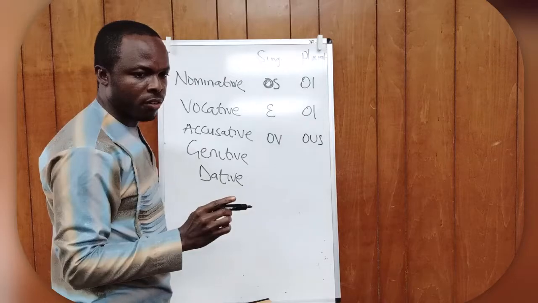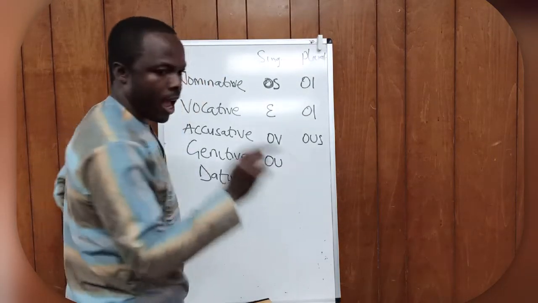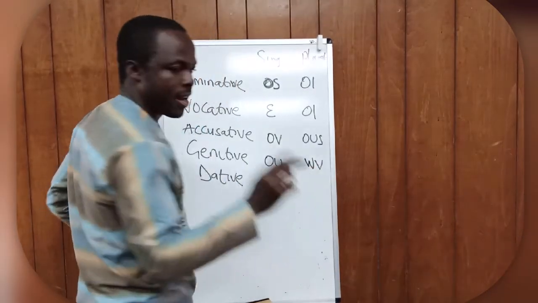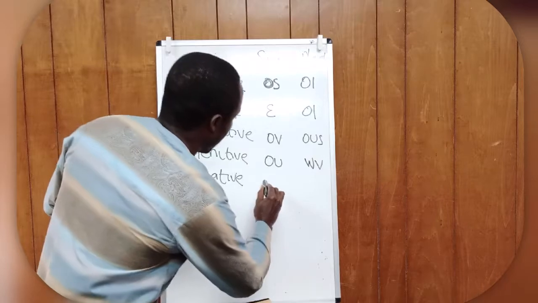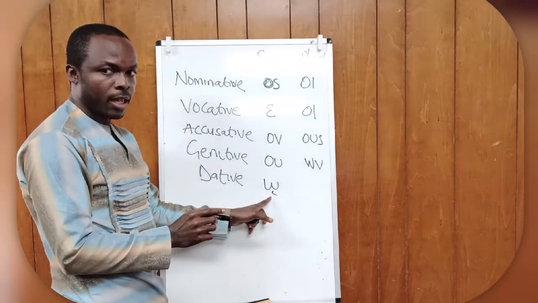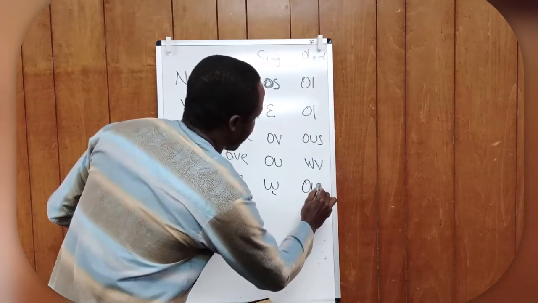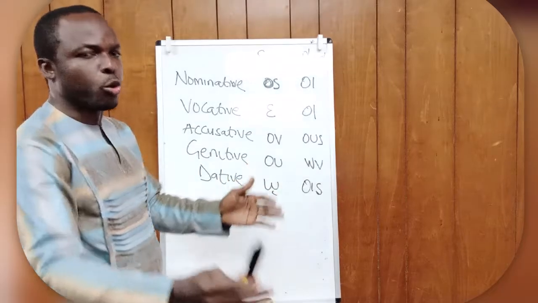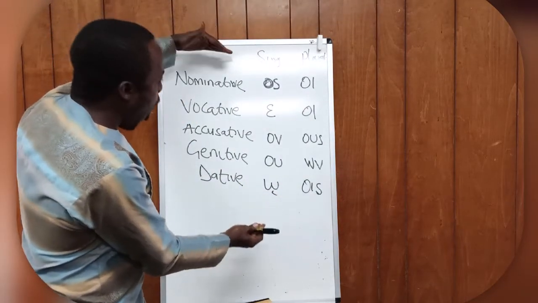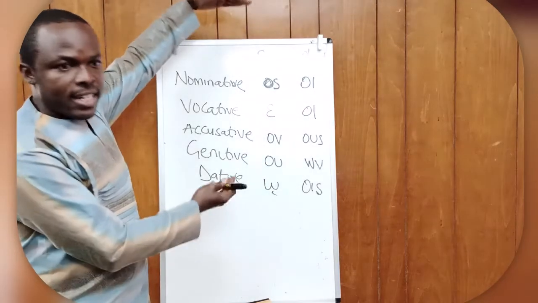In the genitive, it has the ending omicron-upsilon in the singular, and the plural is on. Then in the dative, you have omega with an iota subscript, and the plural is ois. Now, I want you to be familiar with the endings of the masculine nouns of the second declension.